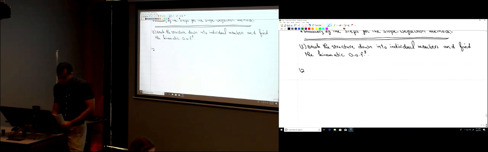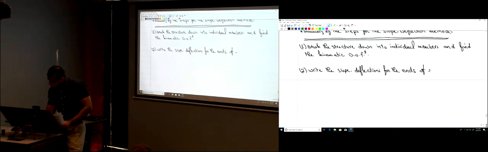And then the second step: you write the slope deflection equations for the two ends of each member.